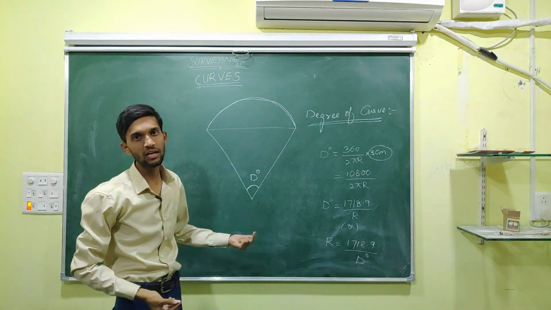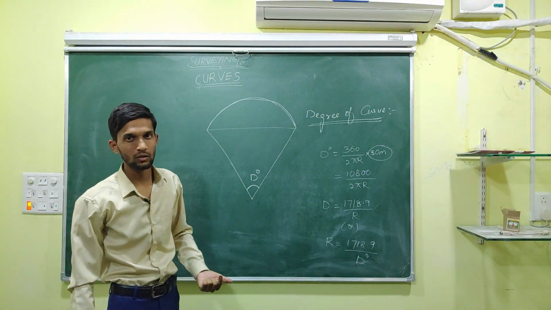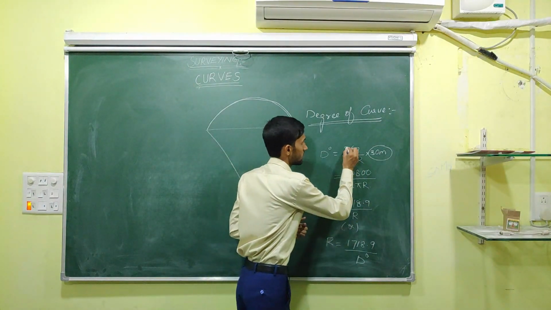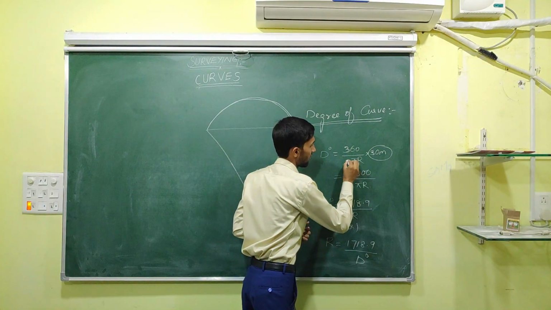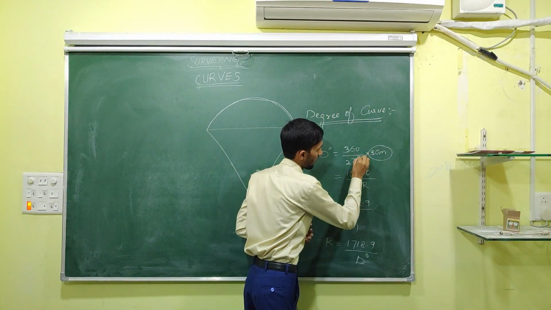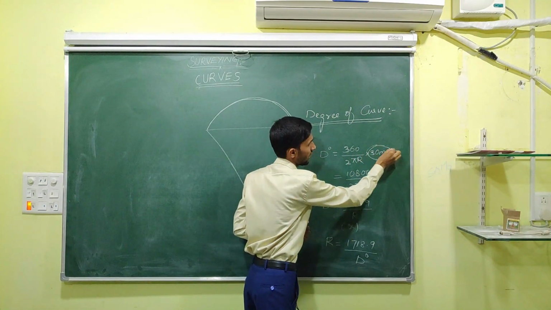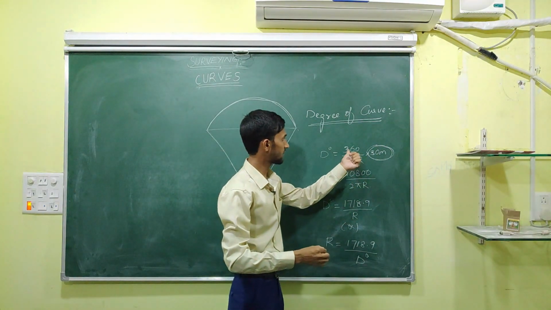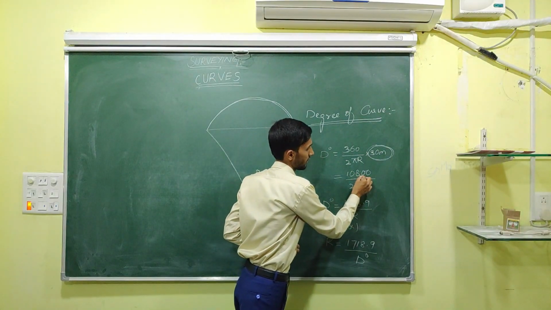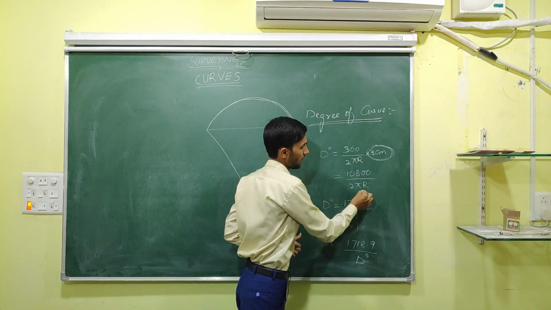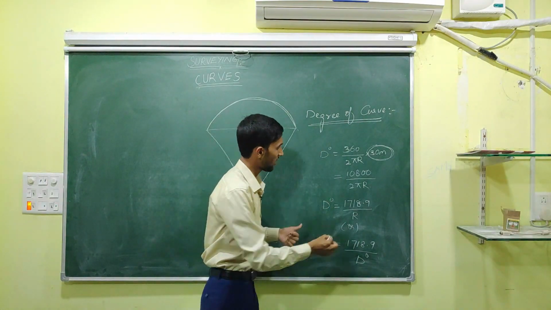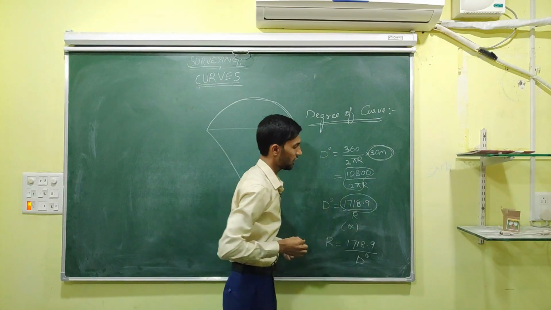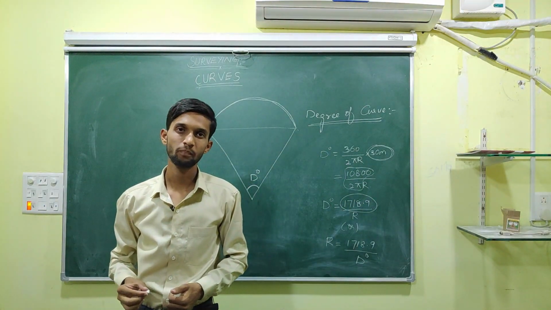To know the degree of the curve, we have 360 degrees divided by 2 pi r into the length of the arc, 30 meters. 360 into 30 is 10800, divided by 2 pi r gives the value 1718.9 by r.